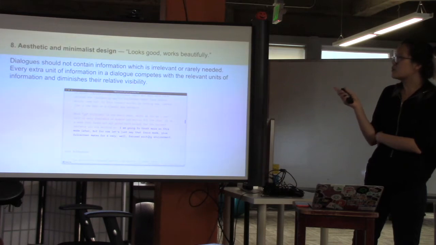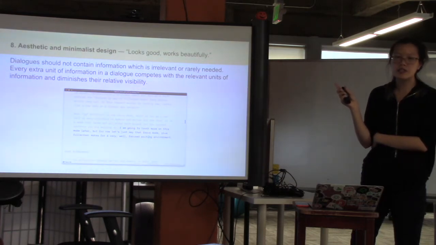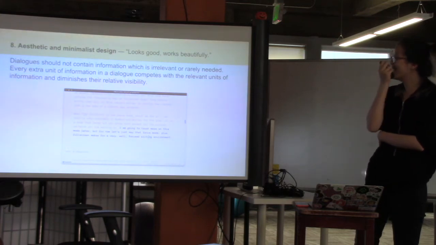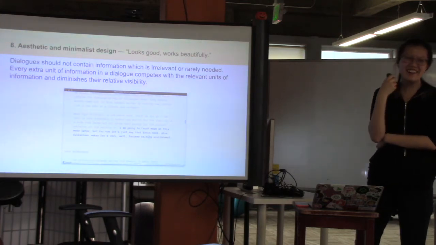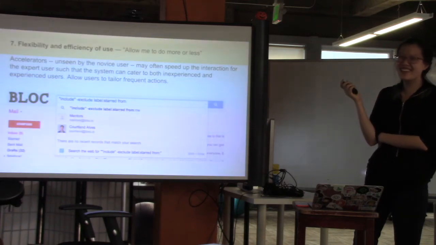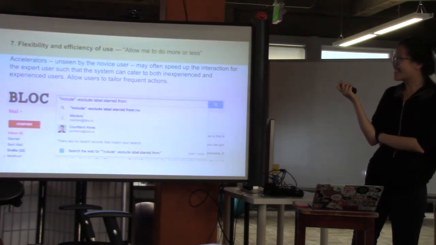I think a lot of times people focus too much on minimalism and it goes into the other direction where things become too hard to find or there's not enough information. Like Snapchat. Snapchat's only for power users.